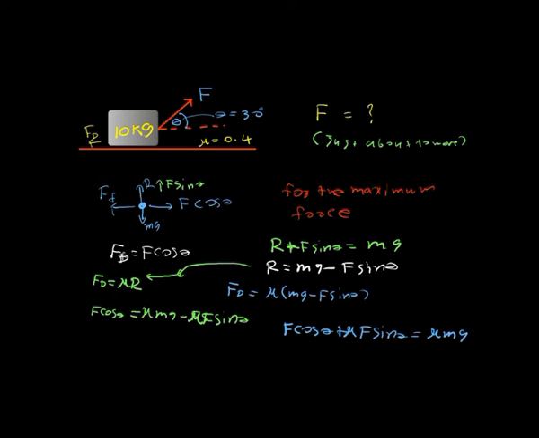The next point. A little bit tough question, not a simple one. It's going to be a really tough one if you don't understand the basics. So let's see. The force is applied at an angle of 30 degrees, and the coefficient of friction mu is 0.4.